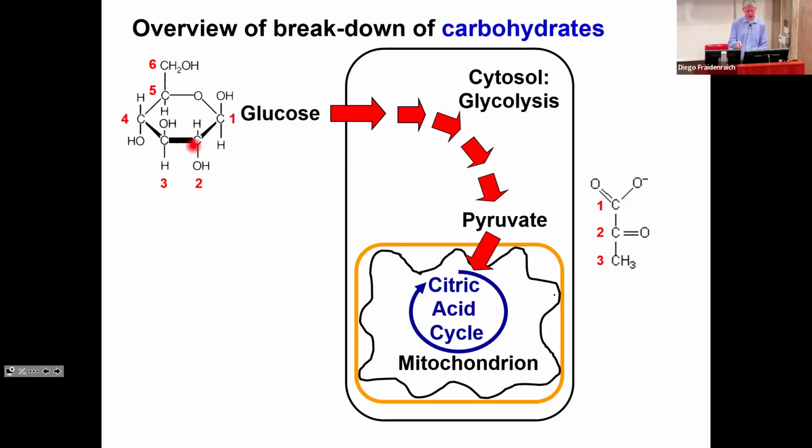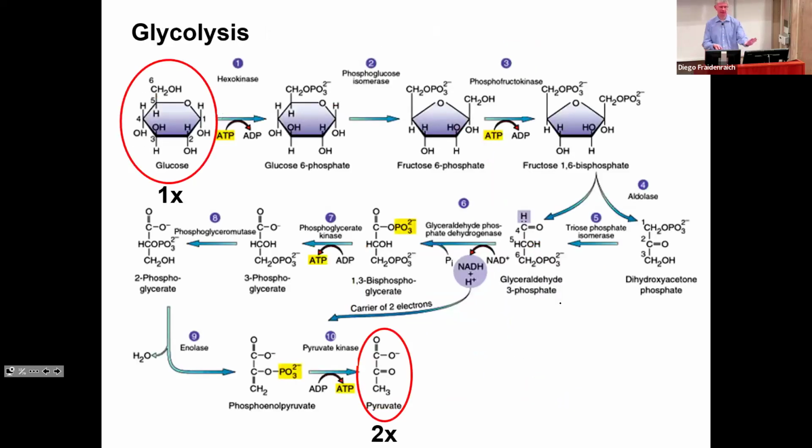So 1 glucose ends up as 2 pyruvate molecules. This pyruvate is incorporated into mitochondria and further degraded in the citric acid cycle to form energy equivalents. So glycolysis is this part.